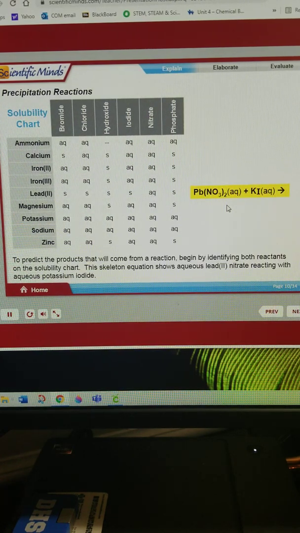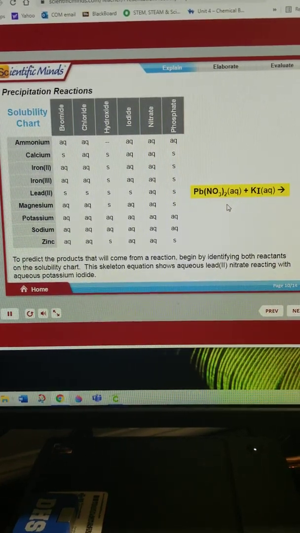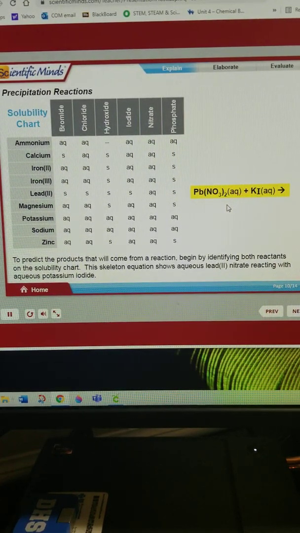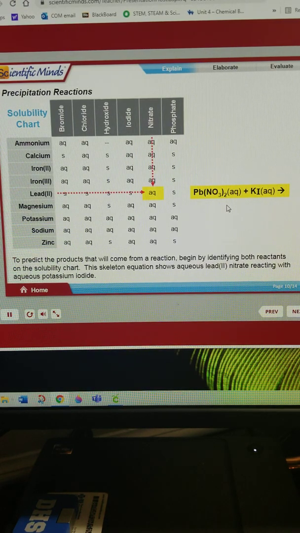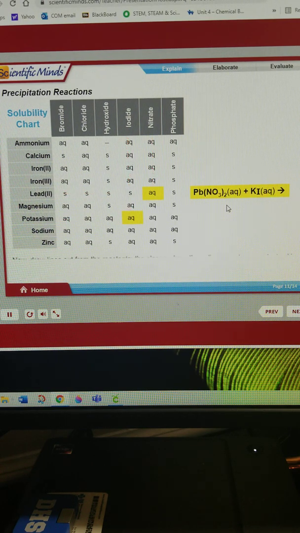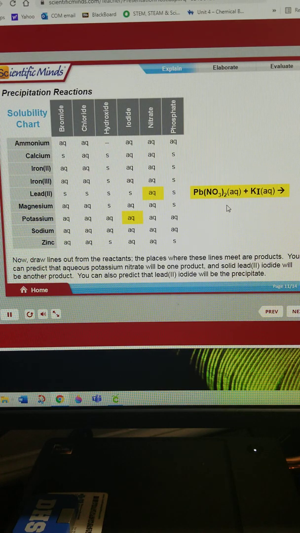To predict the products that will come from a reaction, begin by identifying both reactants on the solubility chart. This skeleton equation shows aqueous lead-2 nitrate reacting with aqueous potassium iodide. Now, draw lines out from the reactants. The places where these lines meet are products.